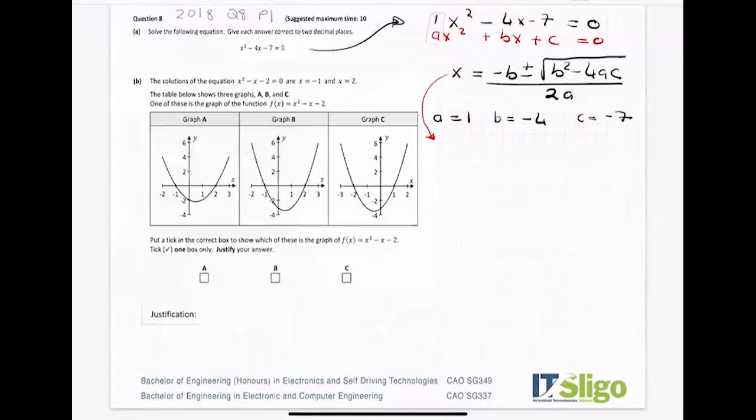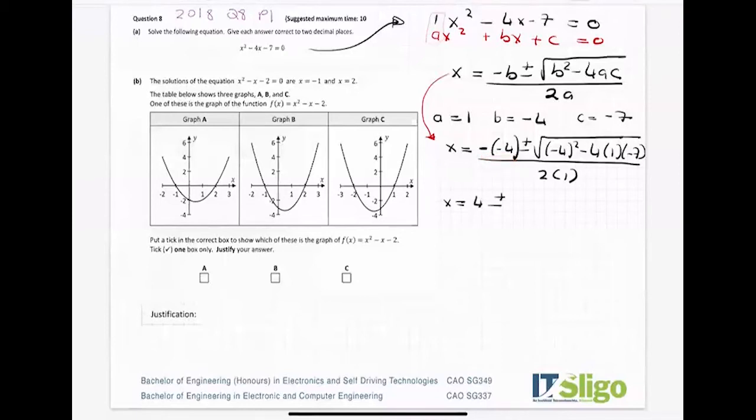So that you get x being equal to minus b, so minus 4, plus or minus the square root of minus 4 squared minus 4ac. You'll get as fast as I am here at doing it by the time you have it done for your junior cert, because it comes up a lot. Then we tidy. So minus minus 4 is 4, plus or minus, and I'll come back to the plus or minus in a minute. 2 1s on the bottom is 2.